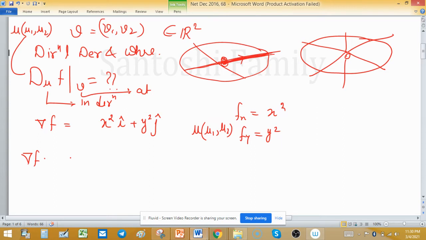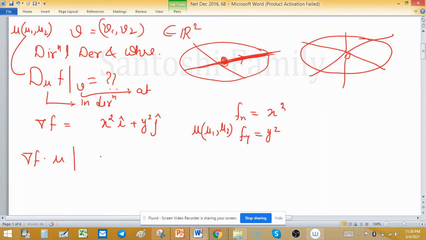It may be any vector, but the motive of taking a unit vector is that you are finding directional derivative at unit length, or unit modulus.